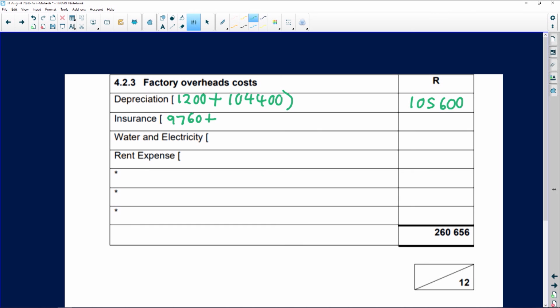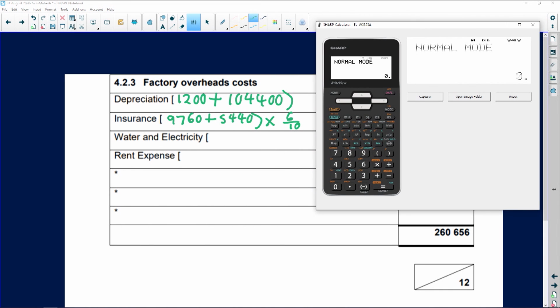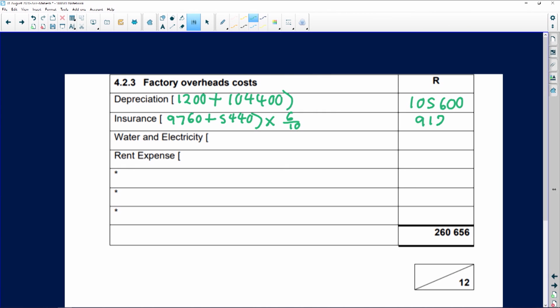We're going to first add the accrued expense, 5,440, close brackets, and then multiply by 6/10, and that should give us an amount of, so let's quickly do that, 9,760 plus my accrued expense, 5,440, okay, times that by 6 divided by 10, and the insurance portion of the expense, 9,120. Okay, right, take the year-end adjustment into account first.